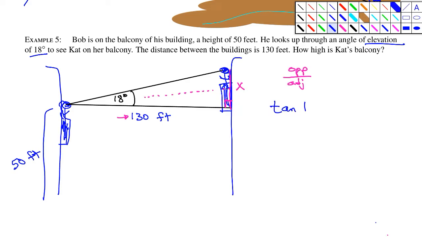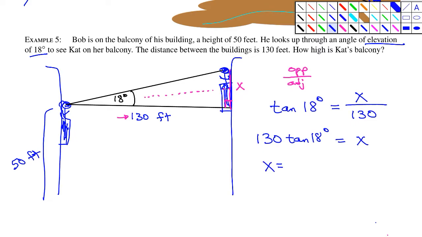So we're going to have the tangent of 18 degrees is equal to the opposite, which is x, over adjacent, 130 feet. Multiply both sides by 130, so we get x is equal to 130 times the tangent of 18 degrees. And so x is equal to 42.24 feet.